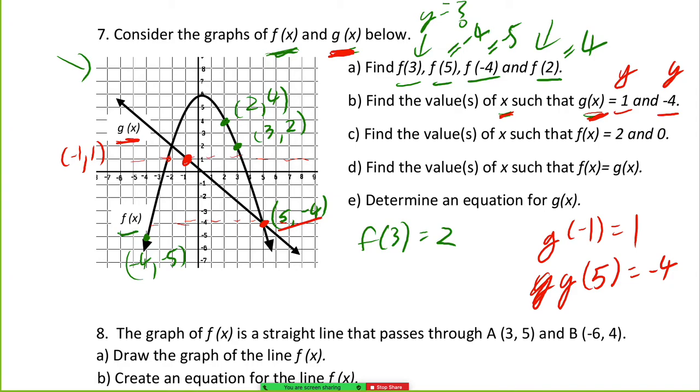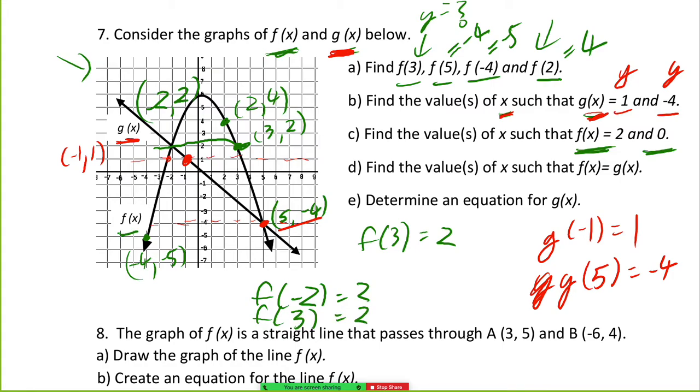The third question, same concept, but this one's a quadratic, so a little trickier. We're going to end up with multiple values most likely here. We're looking for the y value of 2. So we look at 2, it crosses here at 3 and 2, but it also crosses at, that looks like negative 2? Yeah, negative 2 and 2. So in this case, we actually have two answers. We're going to say f at negative 2 equals 2, and f at 3 is equal to 2.